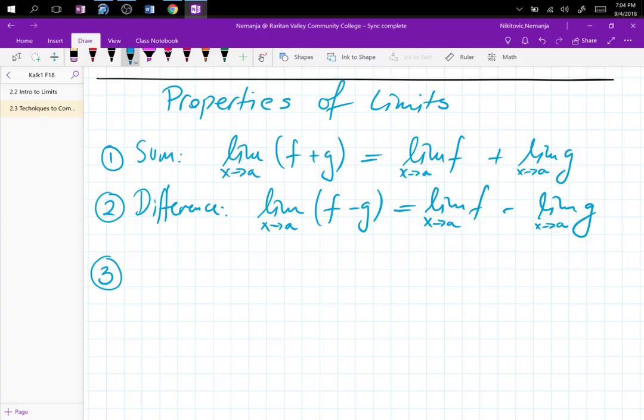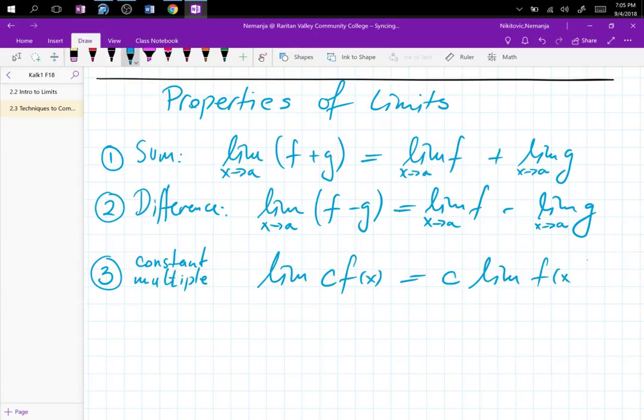Three, constant multiple or scalar multiple. Constant. And multiply later by it.